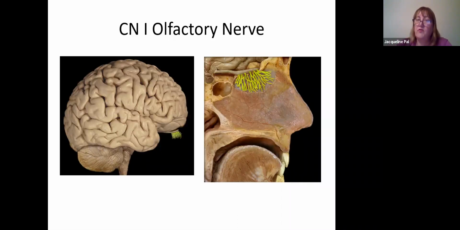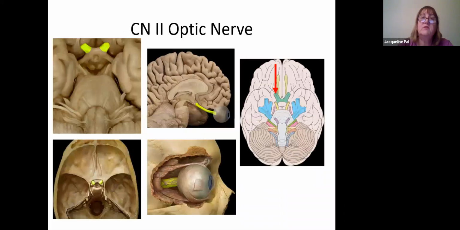And these are the olfactory nerves. Now, some people may mislabel the olfactory bulb as the first cranial nerve, but it is not. These are the actual nerves. So that brings us to these, oh, and by the way, the function of the olfactory nerve is the sense of smell.